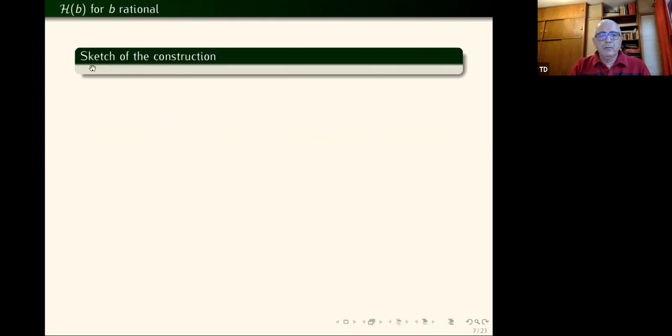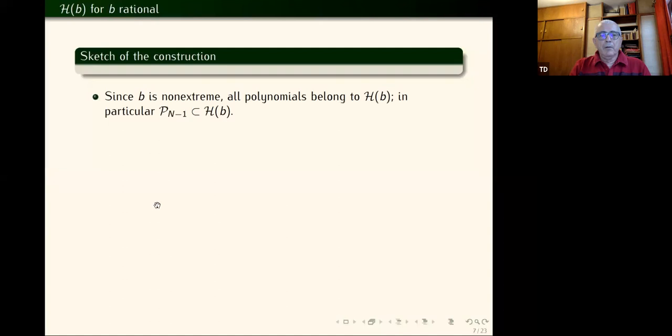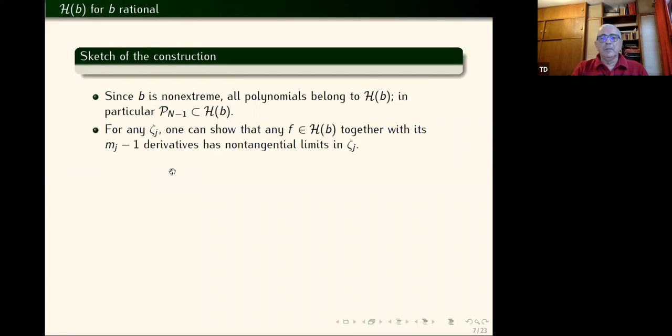So let's give a sketch of the construction. First of all, since B is non-extreme, we already know that all polynomials belong to H(B), and in particular, P_{n-1} belongs to H(B).